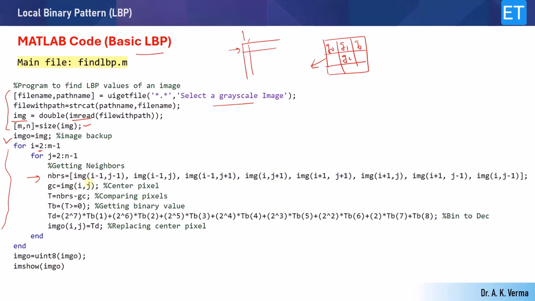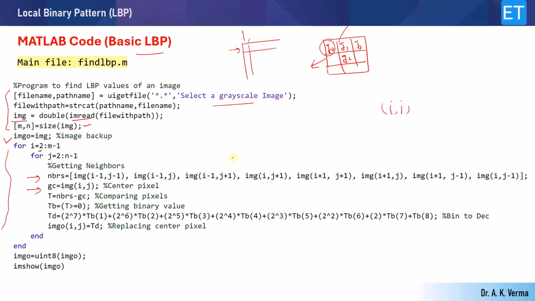Here I am selecting the neighbors, considering that my center pixel coordinate is i j. So you can see that the center pixel GC is img i j, and the rest I have taken by i minus 1, j minus 1, then i minus 1, j, like that.